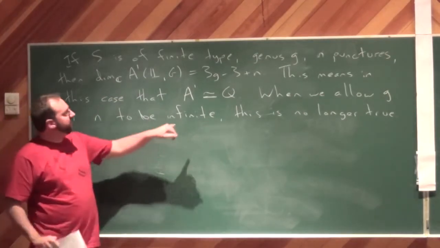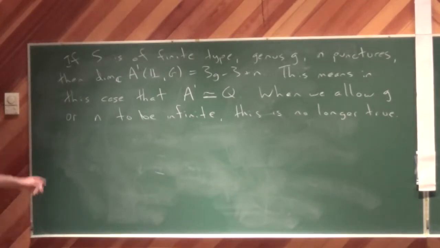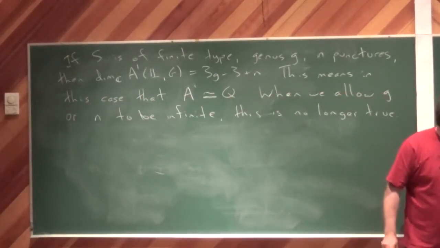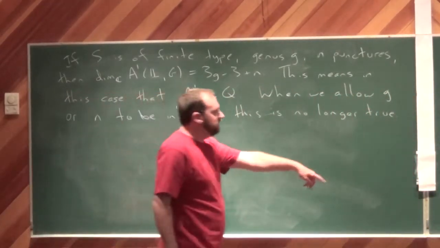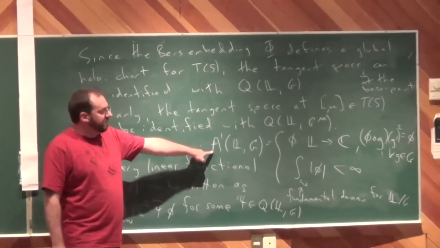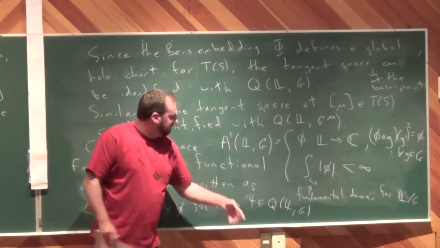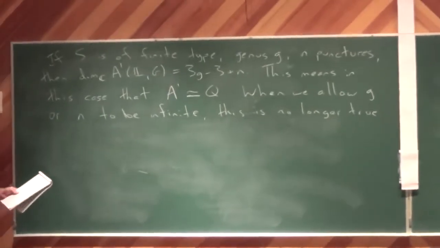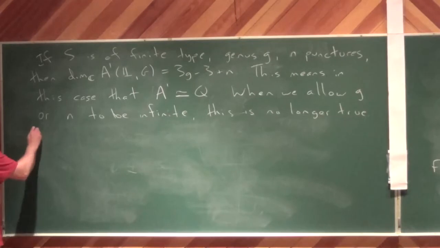And I don't think you even have that A1 has to be contained in Q. You can have elements of A1 which aren't in Q. But you still have the important duality that the dual of A1 can be identified with Q. I'll talk about it tomorrow, but there's a subspace of Q called Q0, which is the pre-dual space of A1, and the dual of Q0 is A1, the dual of A1 is Q. In the finite dimensional case, they all coincide. Not for infinite type though.